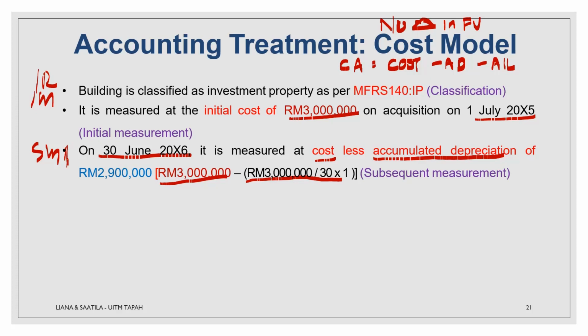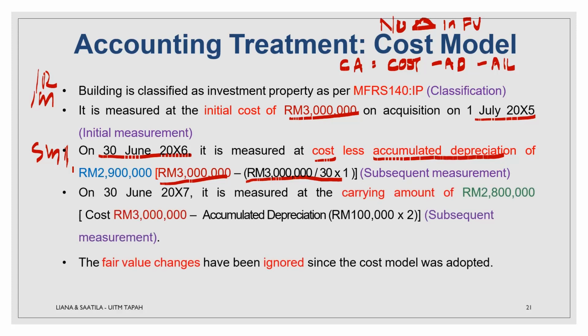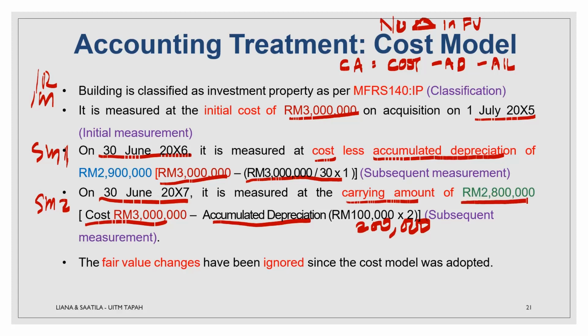The next one is also about the second situation, which is on the second year, subsequent measurement 2. I write here, it is going to be measured at the carrying amount, and the carrying amount of course is cost minus accumulated depreciation, and here the accumulated depreciation has increased to 200,000, and the carrying amount is now reduced to 2.8 million from 2.9 million.